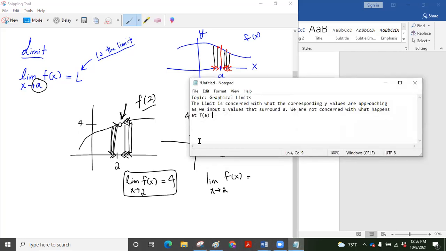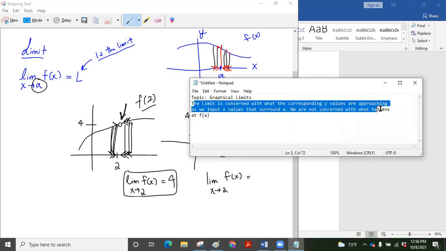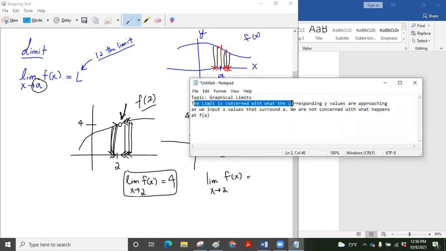So that's why I said the limit is concerned with the corresponding y values. The limit is concerned with what the corresponding y values are approaching as we input x values that surround a. We're not concerned with what happens at f of a. We're concerned with what happens around f of a. So that's the first point.